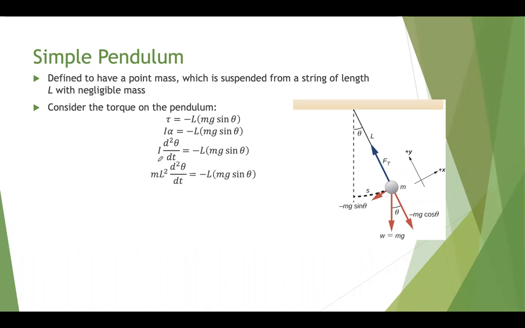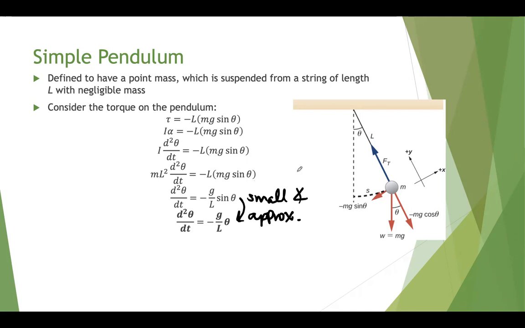And then plug in I as ml squared, and solve for d squared theta over dt squared. From this equation to this next one, we use the small angle approximation.